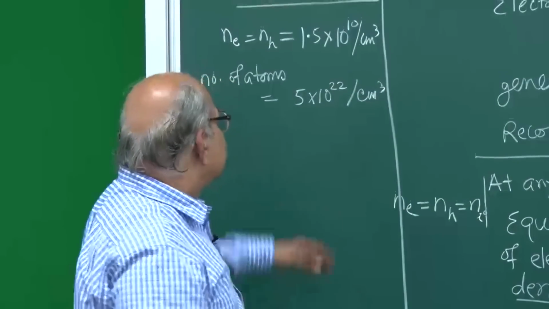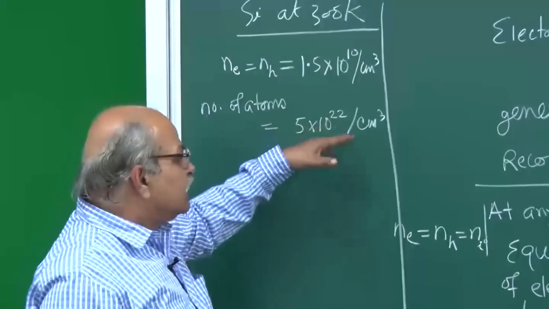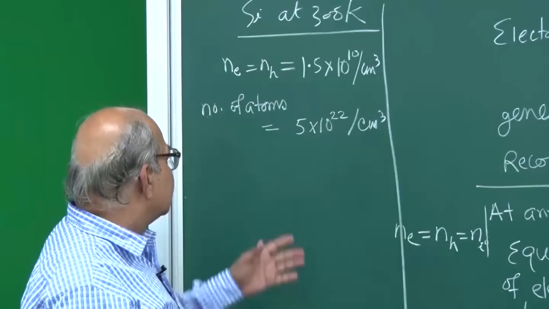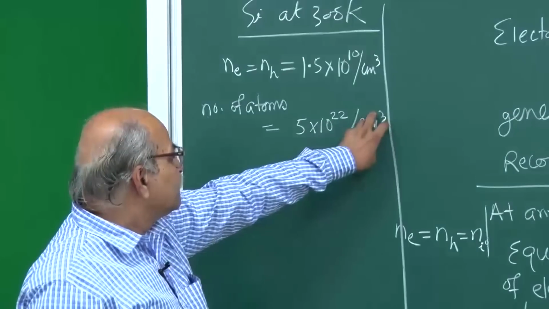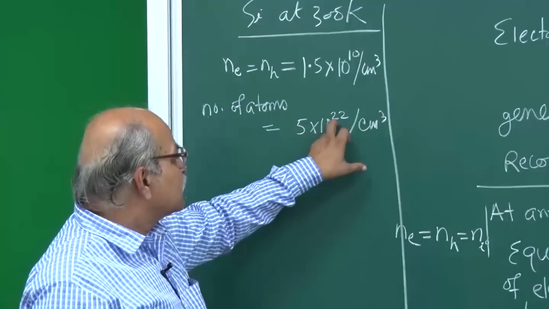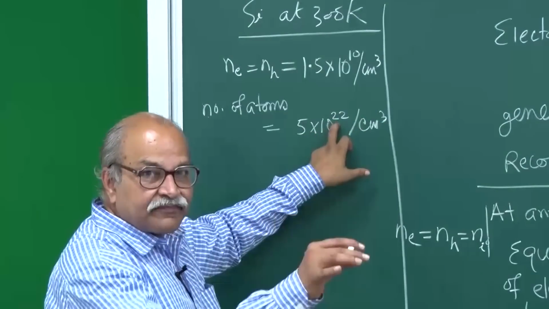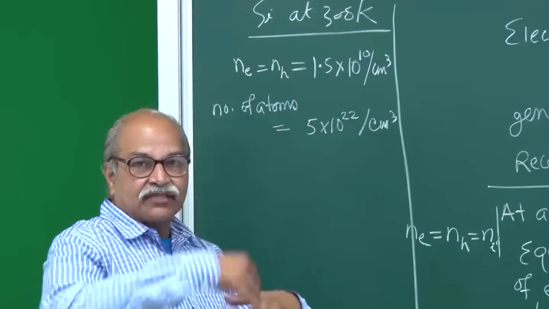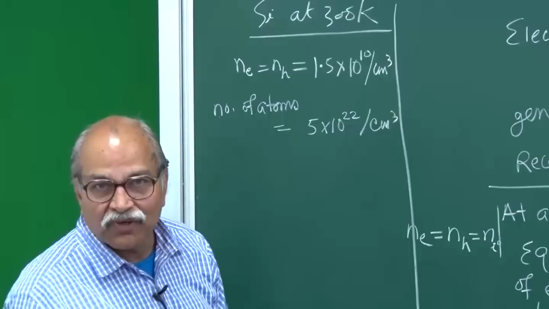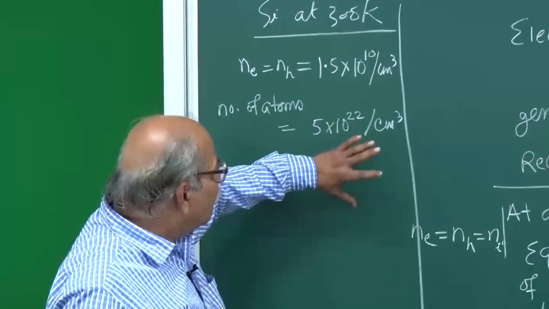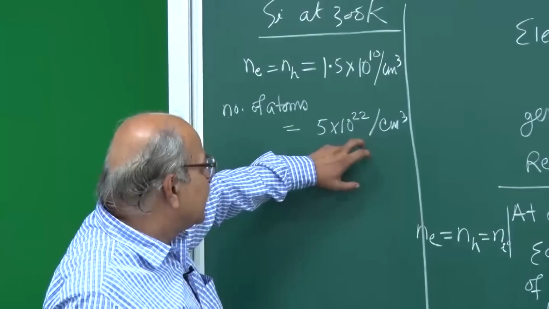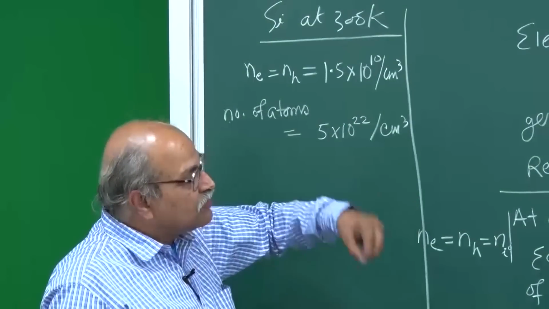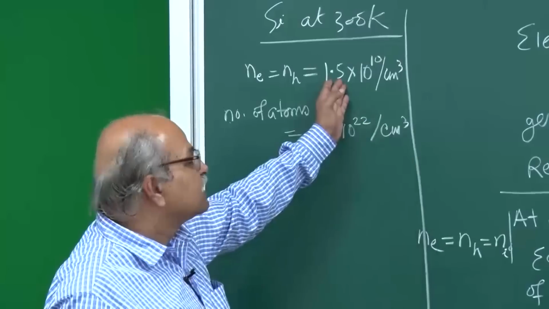So, you can see the ratio: in any silicon crystal, per centimeter cube you have 5 times 10 to the power 22 atoms, and each atom has all those 4 bonds, and then how many bonds are broken, how many valence band electrons have gone to the conduction band, that number is this.